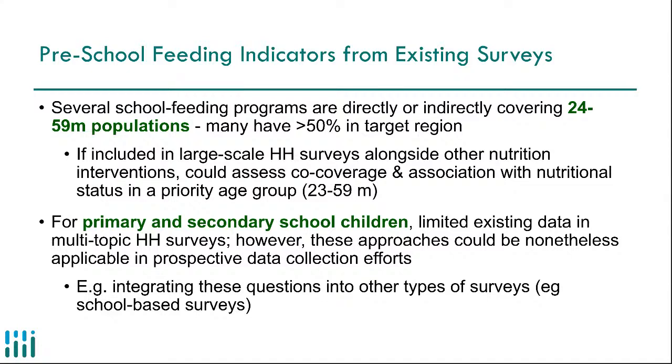And so if one was to include questions for this population in large-scale household surveys, it would be valuable, and we could look at not only receipt of the NSSP program or school feeding program, but also co-coverage of other interventions within that population.